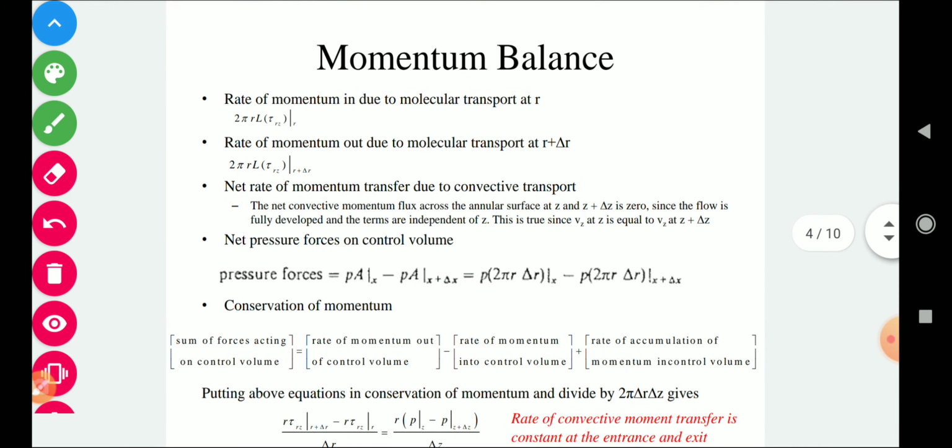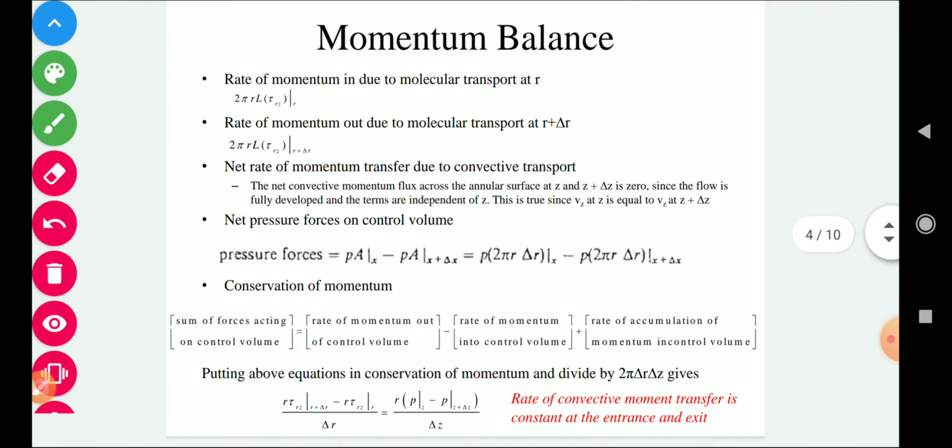So if we apply a momentum balance on this control volume, there are two types of momentum applied on it. One is due to molecular transport and another one is due to convective transport. So let us first discuss the momentum due to molecular transport of the fluid.